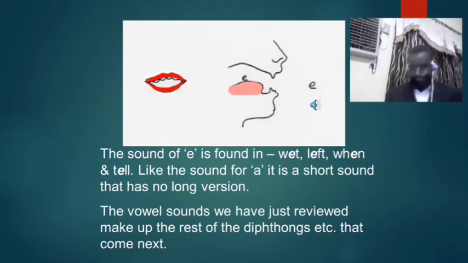It is A. It looks like the letter E in shape, but we pronounce it like the letter A. For example, the sound is found in wet, left, when, tail, etc.